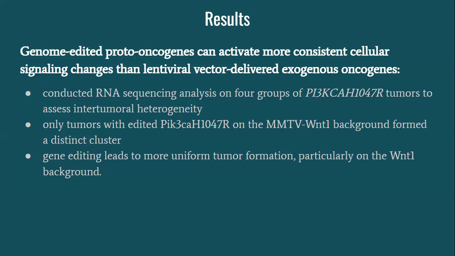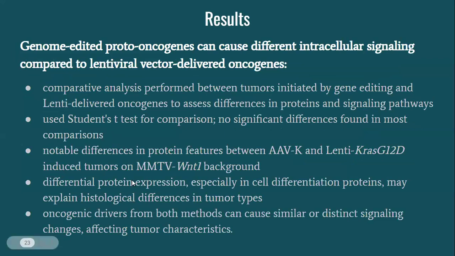So a comparative analysis was also performed between tumors initiated by gene editing and lenti-delivered oncogenes to assess the differences in proteins and signaling pathways. After using the Student's t-test for comparison, no significant differences were found in most comparisons. However, notable differences in protein features between the two systems were found on the MMTV Wnt1 background.